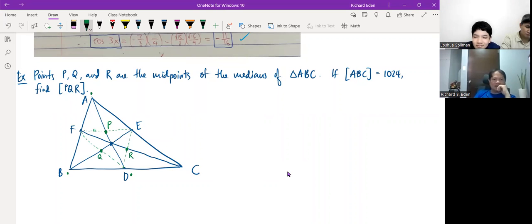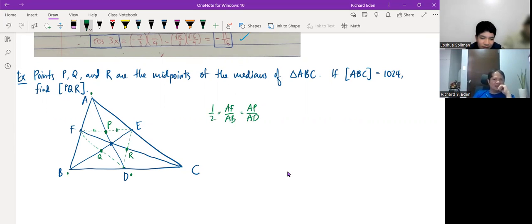How do you summarize your argument again? Why are FP and EP equal? AF over AB is one half, same for AP over AD, and AE over AC.